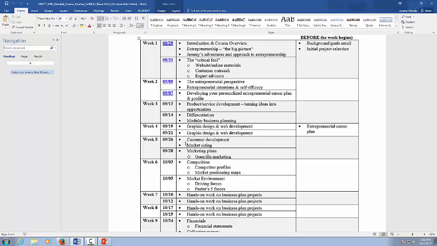And then by October, hopefully we've gotten some feedback from experts, we've gotten some feedback from customers, and we can start integrating that into making the rest of the deliverables. And then by the end of the semester, we'll have what looks like a business plan for each of those ventures. Does that make sense?